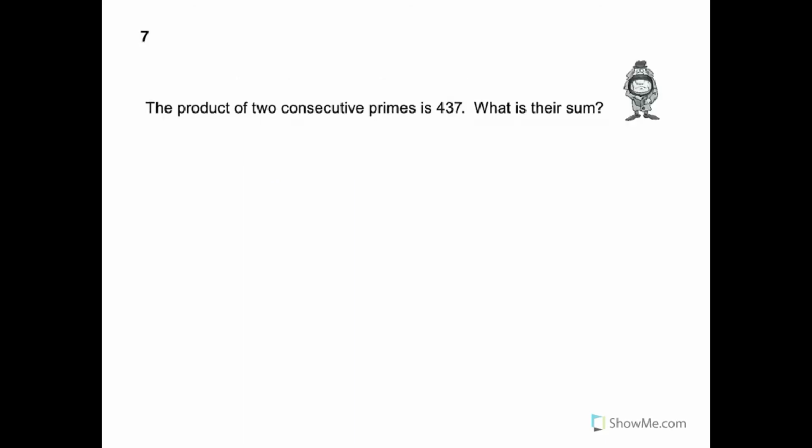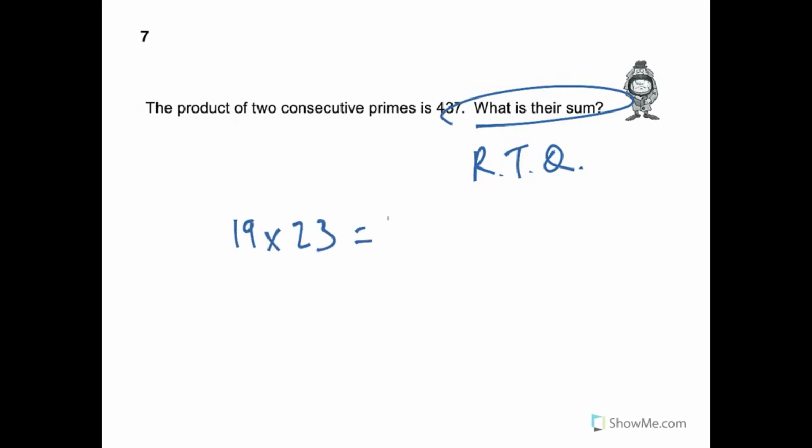Moving along. The question that was the most difficult for a lot of you in the group, and again it's RTQ, read the question. It says what is their sum, and a lot of you did find out that 19 multiplied by 23 is 437, and you stop there. But actually it says what is their sum.